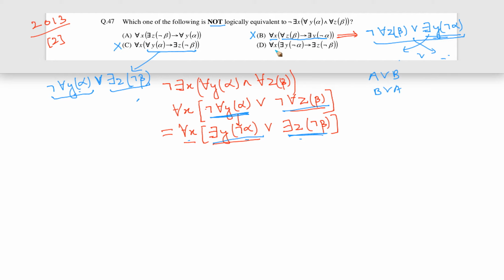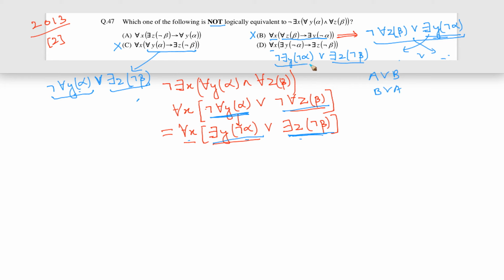Now let's see D. In D they are saying that for all x this thing is still matching, and after that, both are in there exists, so let's write it here only. Not of there exists y not alpha, or there exists z not beta. There exists z not beta, this thing is there.